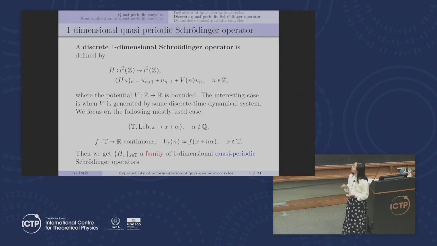The interesting case is when the potential is generated by some discrete-time dynamical system. The most studied one is the one-dimensional torus with Lebesgue measure and irrational rotation. In this case, we can define the potential to be f(x+n alpha) at position n, attached to a base point x. Then we get a family of quasi-periodic Schrödinger operators.